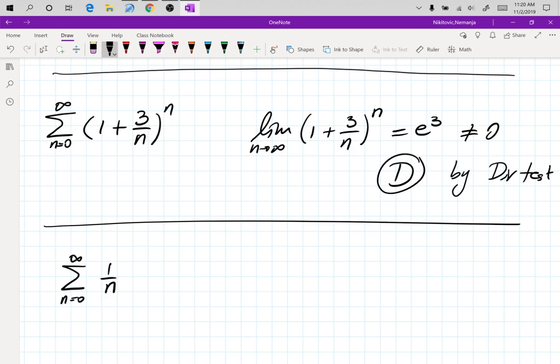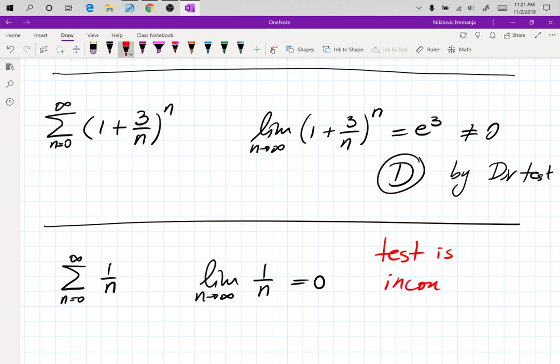And this is insanely important. So we'll say the limit as n goes to infinity of 1 over n equals 0. Now it equals 0, so the test is inconclusive.